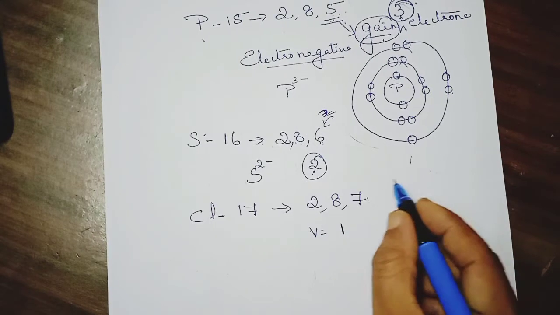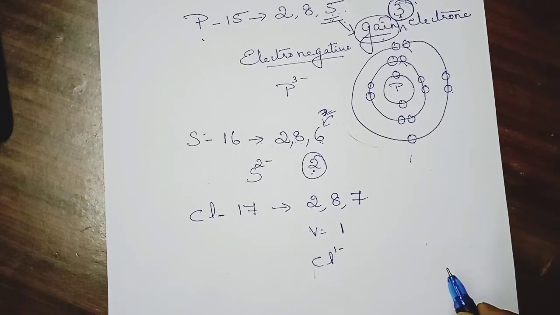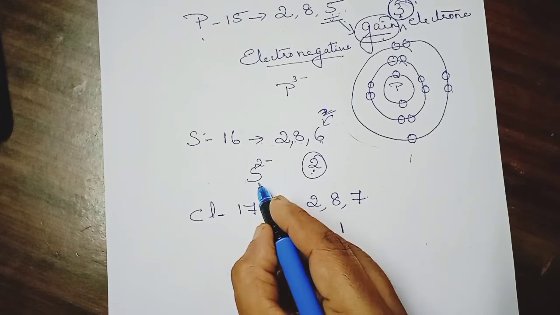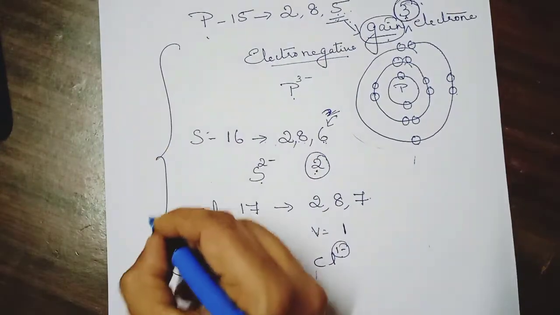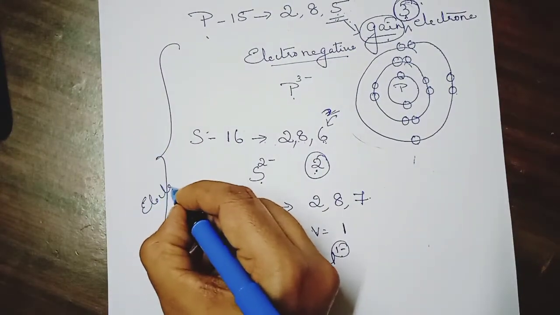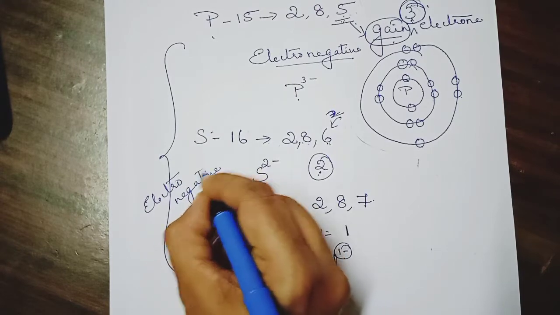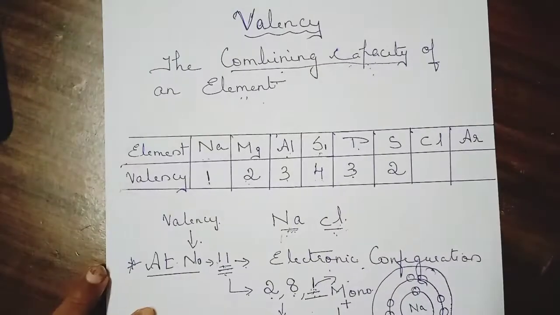Since it needs 1 electron, we write Cl 1 minus. So they are monovalent. This is bivalent and trivalent. But all these elements are electronegative. So this chlorine has 1.